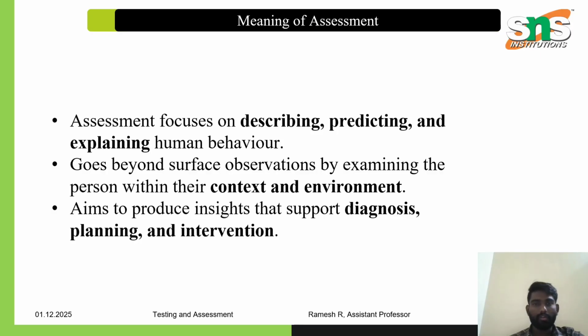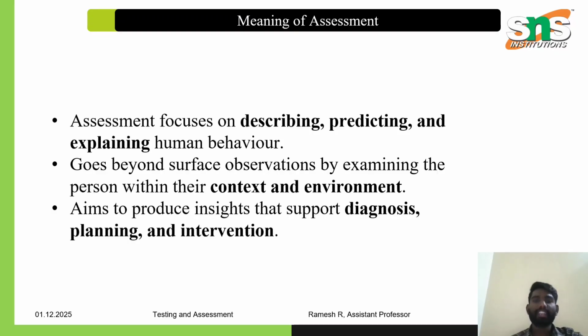Assessment focuses on three main purposes: describing a behavior, predicting a behavior, and explaining a behavior. Describing a behavior, what does it mean? This means clearly identifying a person's behaviors, thinking, and feelings. Predicting a behavior, for example, predicting an individual's academic performance, work adjustments, and emotional stability.